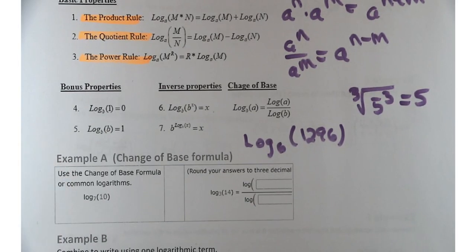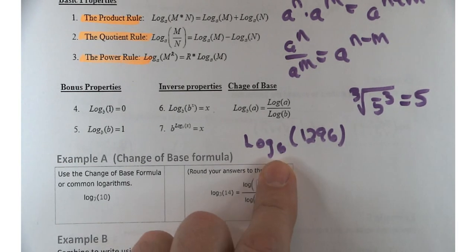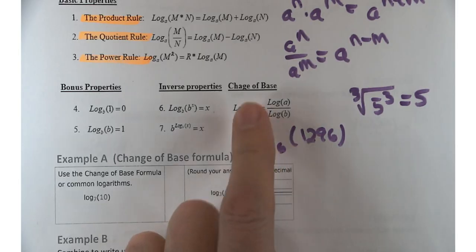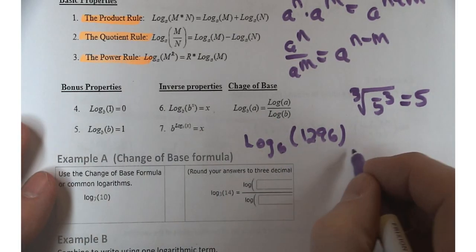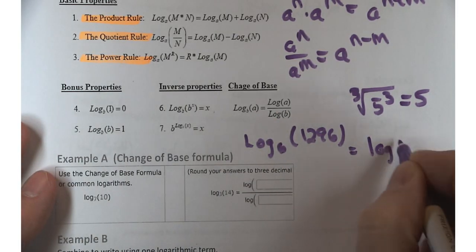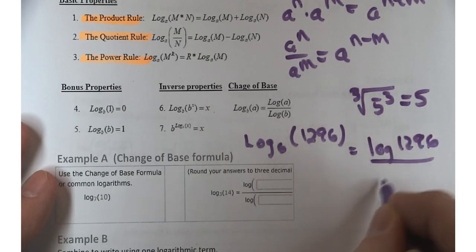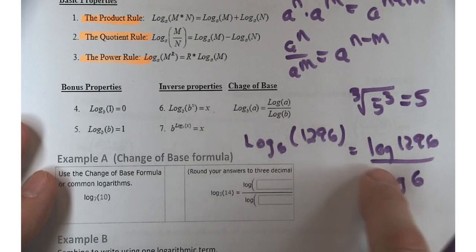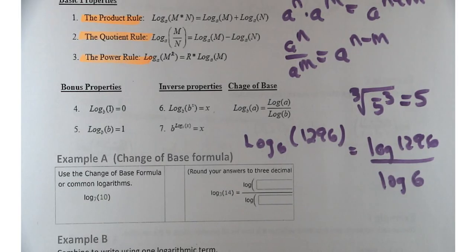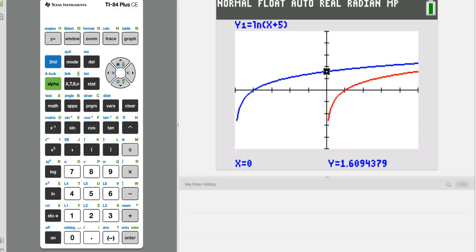Okay, well, let's see what that is. Now, if you can't do this directly because you don't have the right commands and buttons on your calculator, then you can put it in this way. You could do that as the log of 1296 divided by the log of 6. You've got to be careful to make sure you get a division sign underneath that.